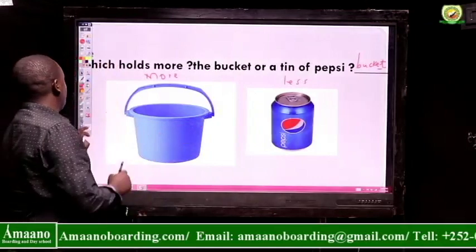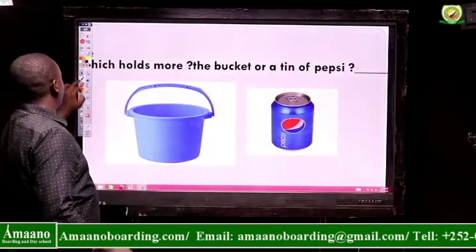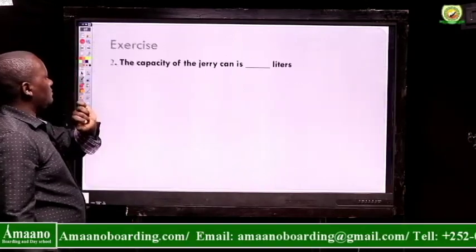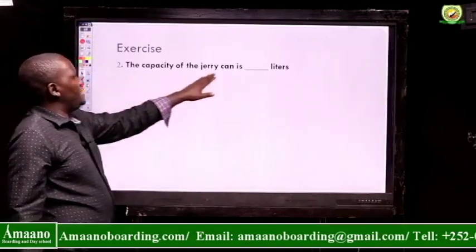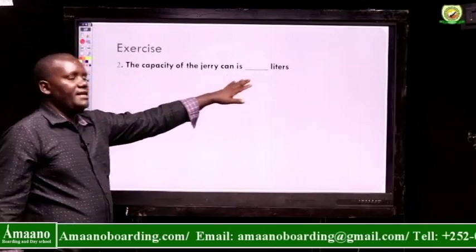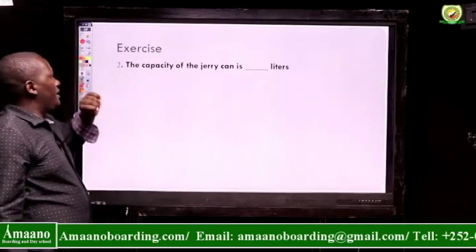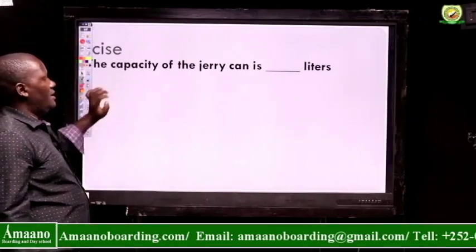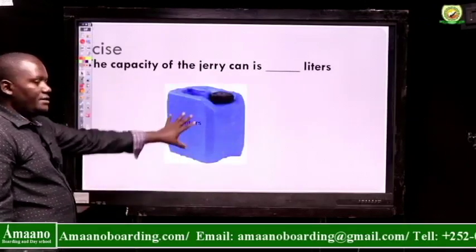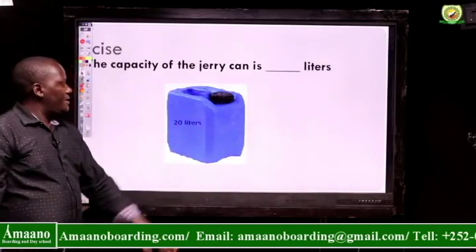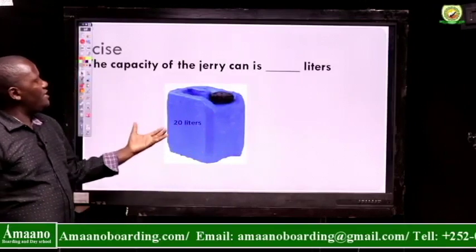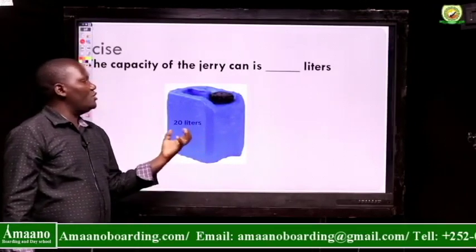Let's check the next example. The capacity of the jerrycan is measured in dash liters. Now we look at the picture of the jerrycan we are given. My jerrycan is blue and it's big. How will I know how much it can hold?